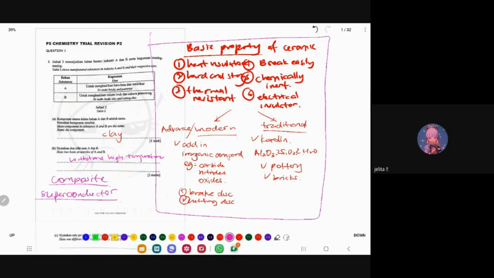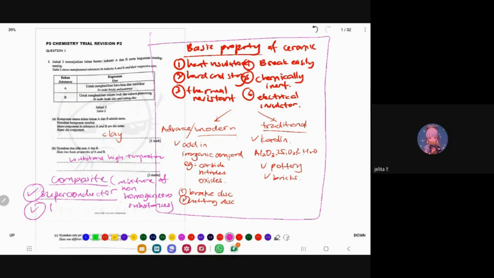Non-homogeneous substances. Okay, so to make superior substances. Now for example, superconductor, something that can conduct current with zero resistance.